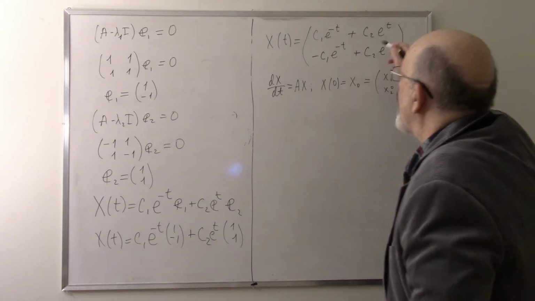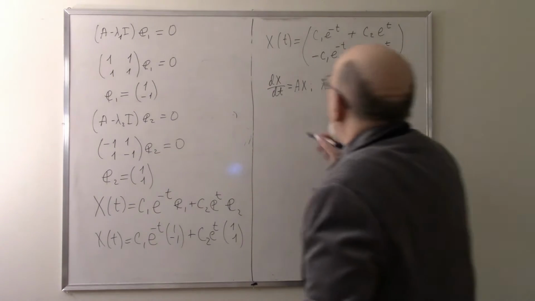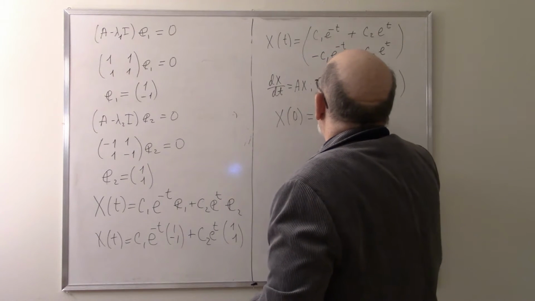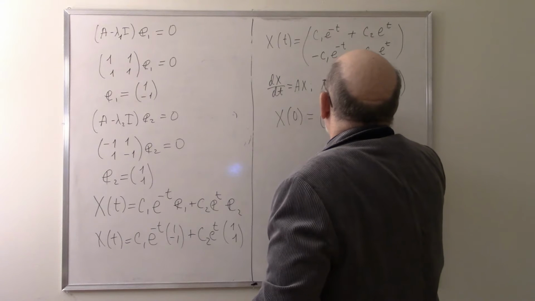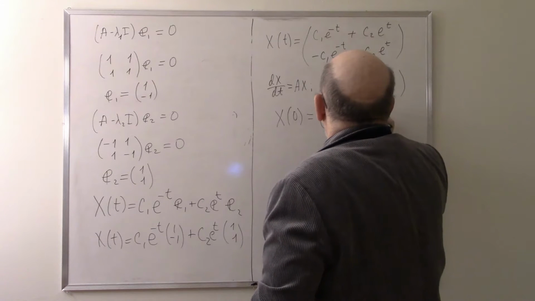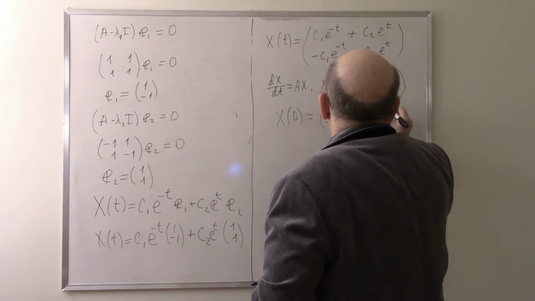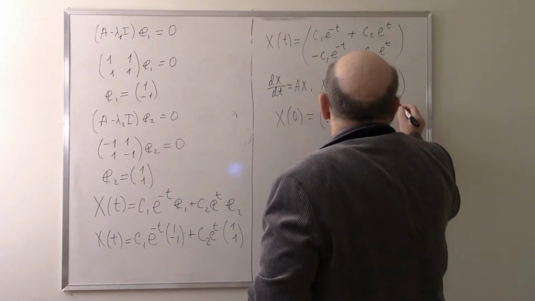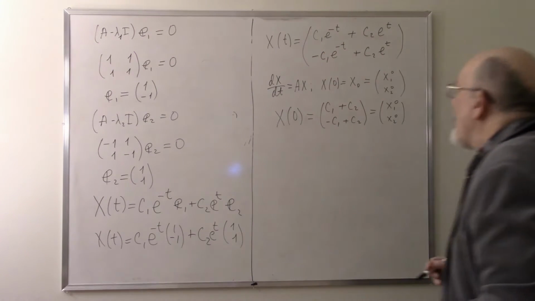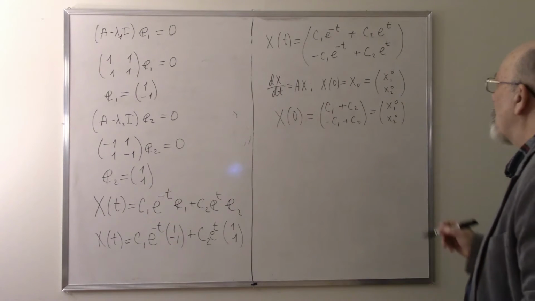So if you substitute here t equals 0, then x of 0 equals c1 plus c2, minus c1 plus c2, equals x1,0, x2,0. So from here we find what c1 and c2 are.